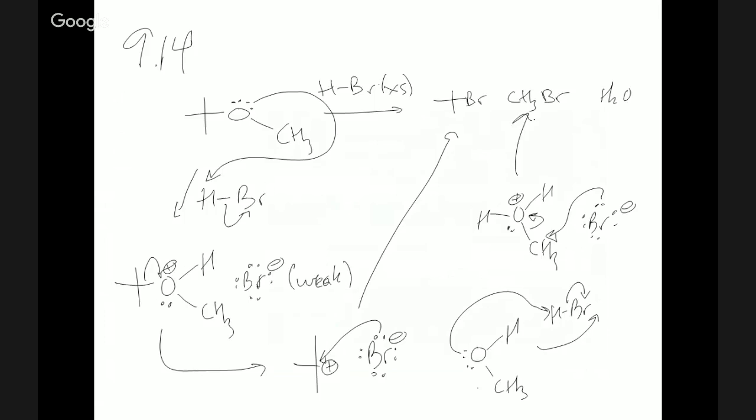You get this product, and you get water. So actually you only get one equivalent of water. I said two equivalents, but you get one equivalent. Makes more sense. Okay? So you convert an ether to two different alkyl bromides, sort of similar to the mechanisms we've been talking about.